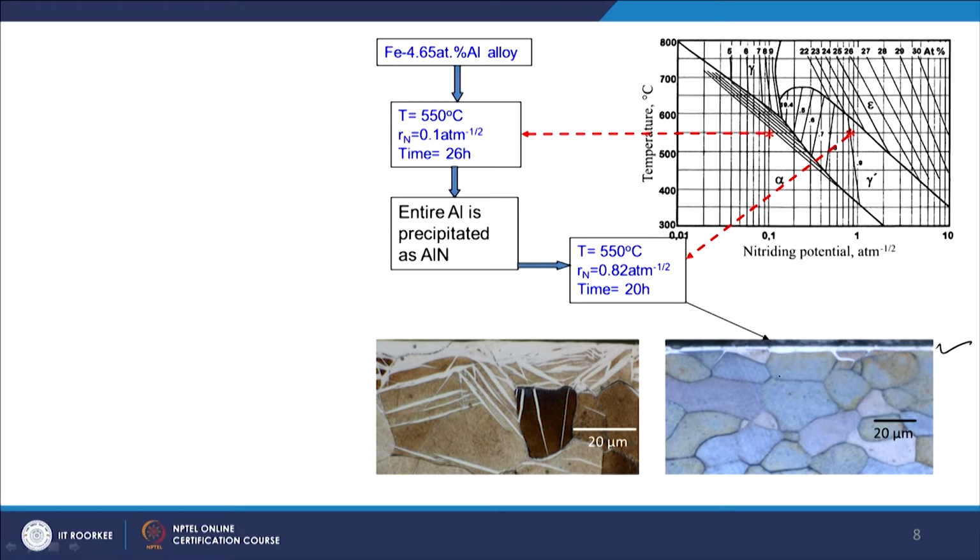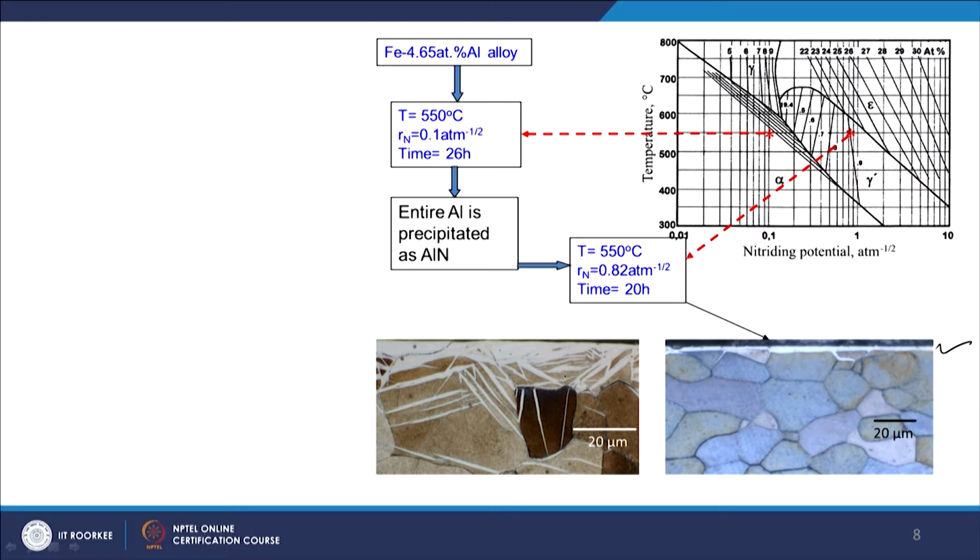In that situation, the growth of iron nitride is normal, like a layer. But in the other situation the aluminum is not made to precipitate as aluminum nitride, so it is in a dissolved state, and that interferes with the way iron nitride can grow, and that is what leads to this unusual development of the phases.